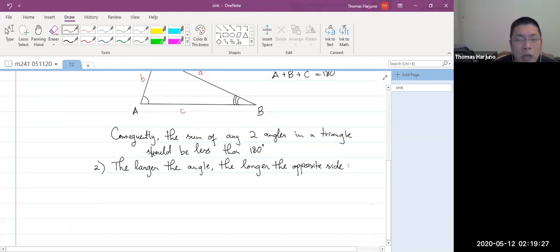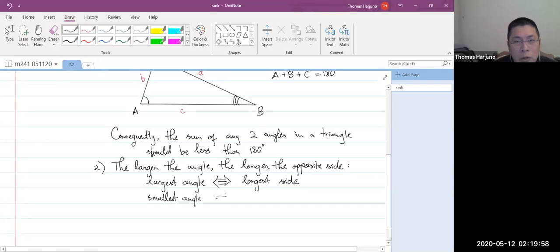In other words, the largest angle of that triangle corresponds to the longest side, and the smallest angle corresponds to the shortest side.